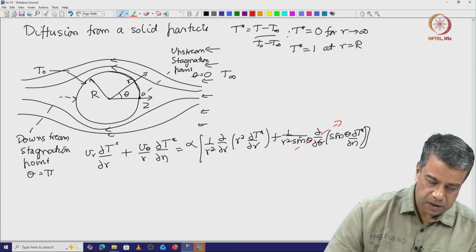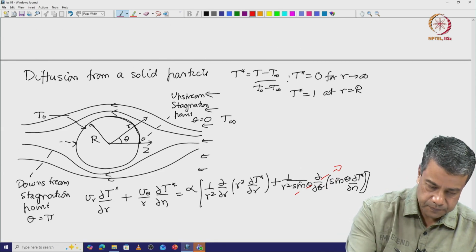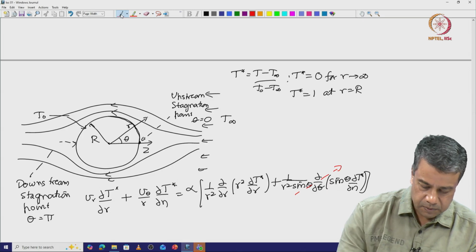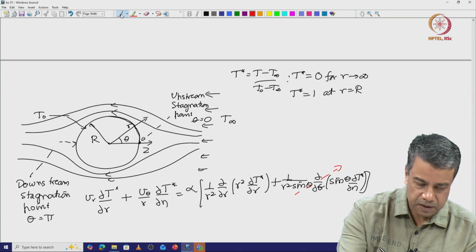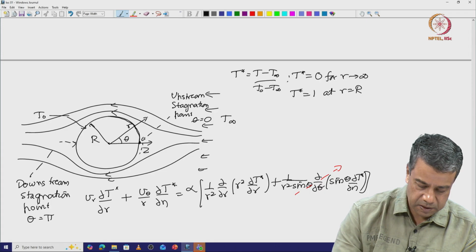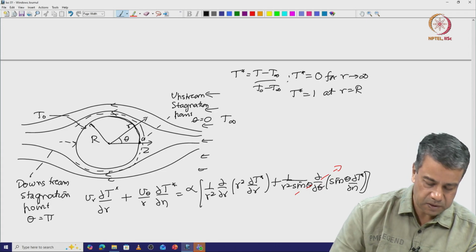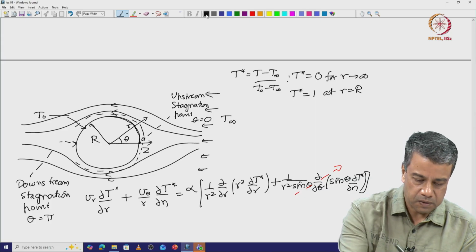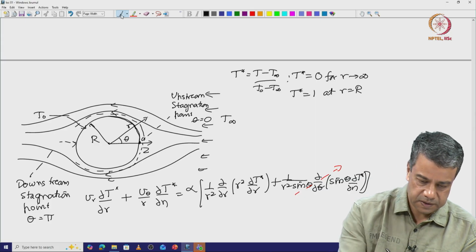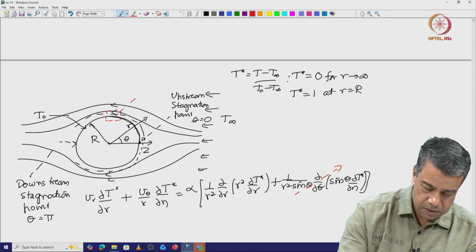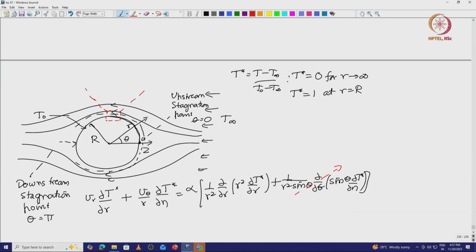Now, we would expect in the limit of high Peclet number for diffusion to be limited to a thin boundary layer close to the surface. Within that region, we can define a scaled coordinate.